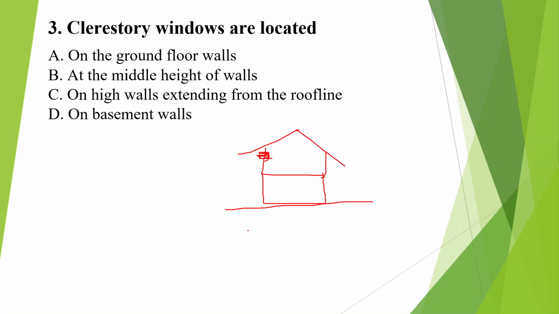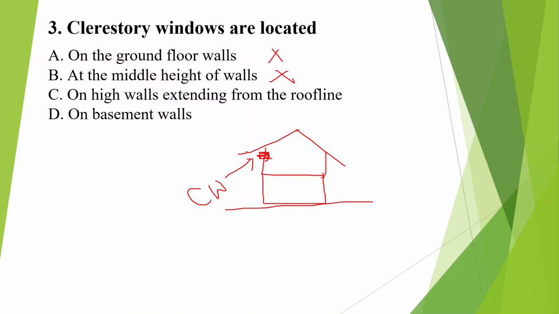So with this picture also you can recall these clerestory windows. They are placed on the ground floor? No, it is not the correct answer. Then in the middle height, this was not the correct answer. And on the high walls extending from the roof line.